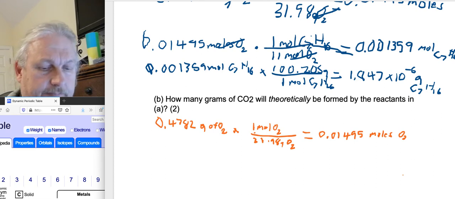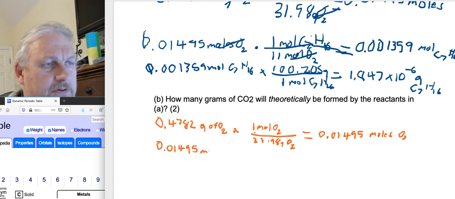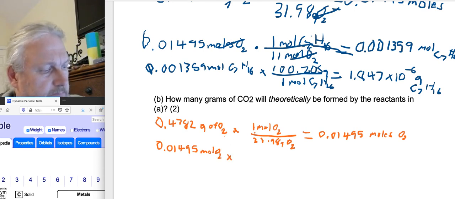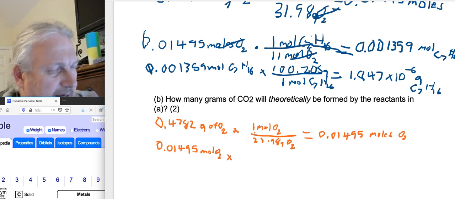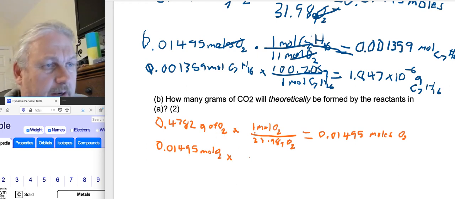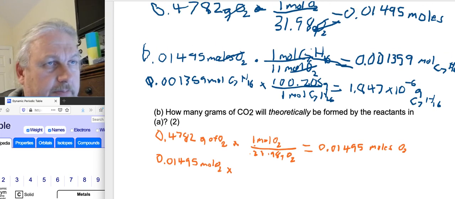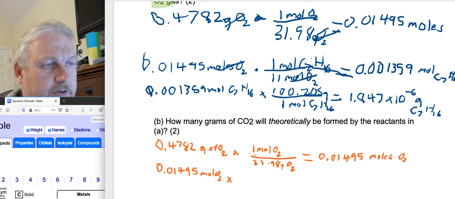So I've got 0.01495 moles O2, and I multiply that by the ratio, 7 moles CO2 over 11 moles O2.